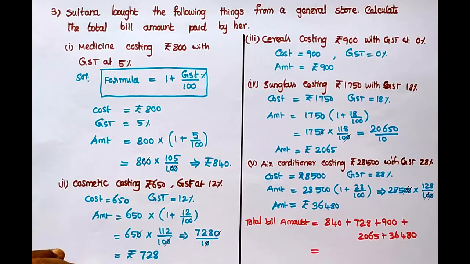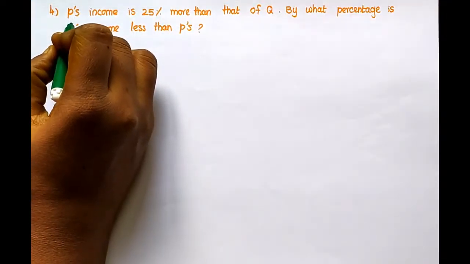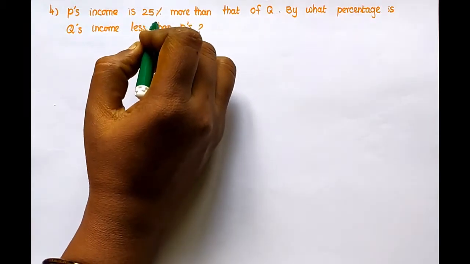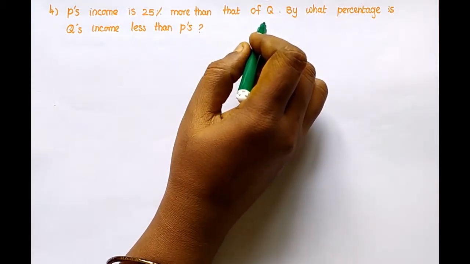We get the total bill amount 41,013. That is the total bill amount. That is the answer.